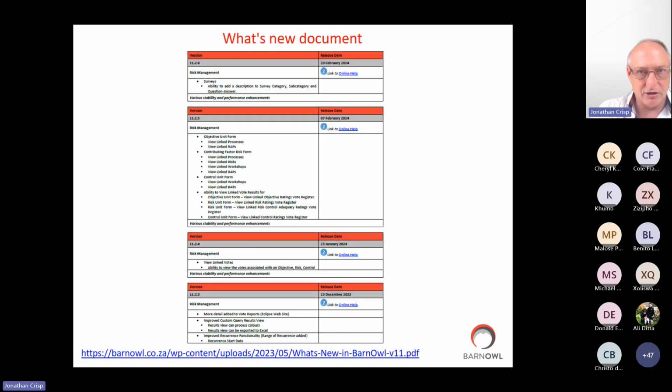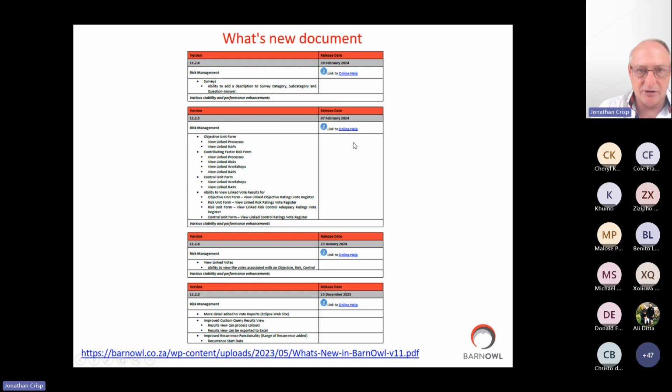When we go live with version 11.2, which will be hopefully next week, we haven't made it available to everyone. Version 11.1 has been out for quite some time, but version 11.2 will be available next week, hopefully, or the week after. This is what you will see in the what's new document. So 11.2.6, you'll probably see 11.2.7 because we're doing some minor little things. But it's quite a nice summary of exactly what's been done.